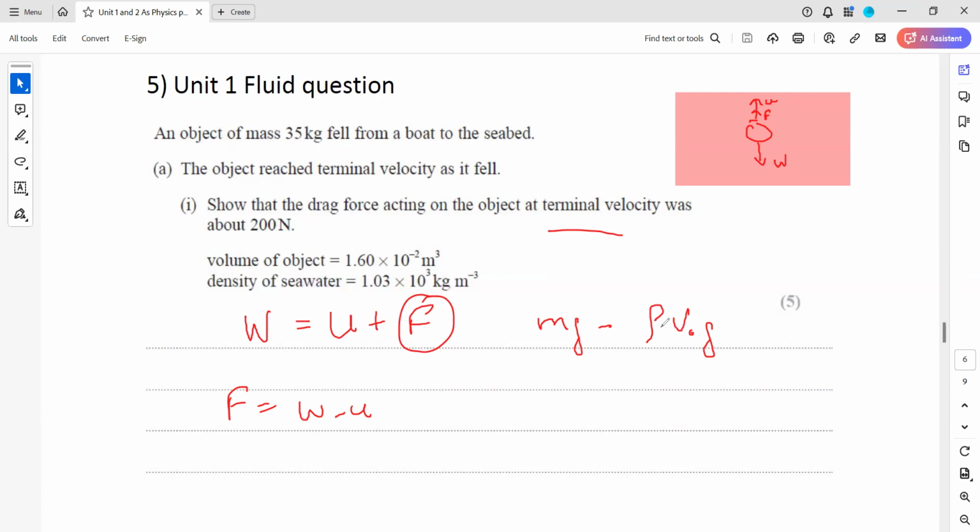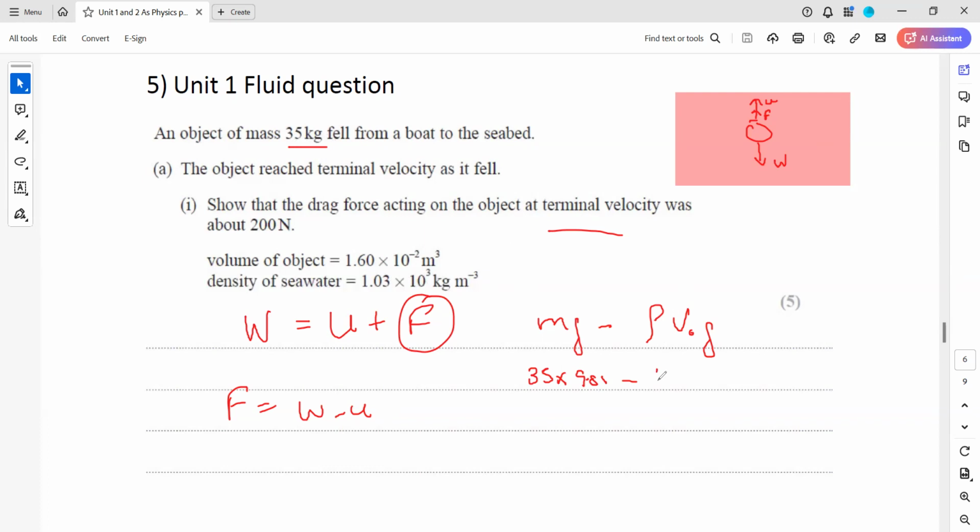That's how we work out the upthrust, like the drag force. So mass of an object, 35 kg, so this will be 35, the gravity is 9.81, minus the density of the fluid.